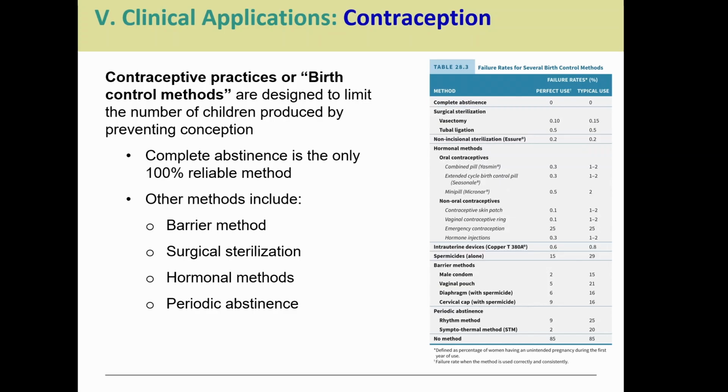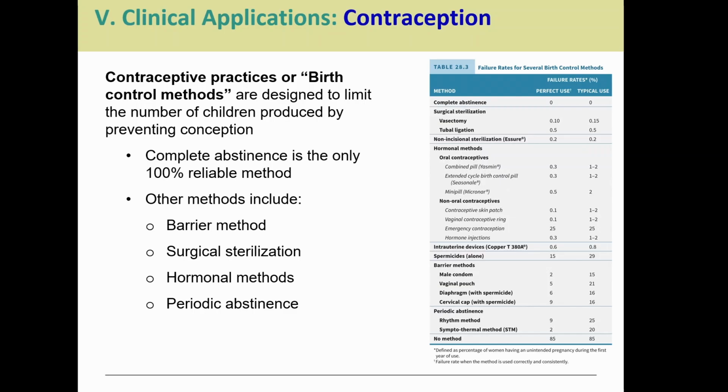Surgical sterilization is very, very good. You have just a fraction of a percent failure rate with both tubal ligation and vasectomy. So sterilization, while it's not perfect, is very near perfect. We're talking again a 0.5% chance of getting pregnant or less with surgical sterilization.